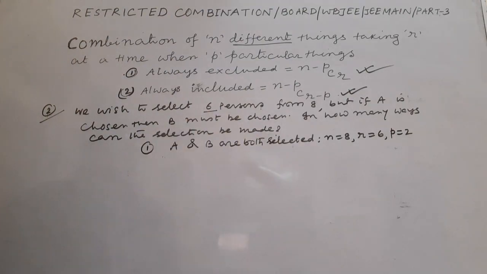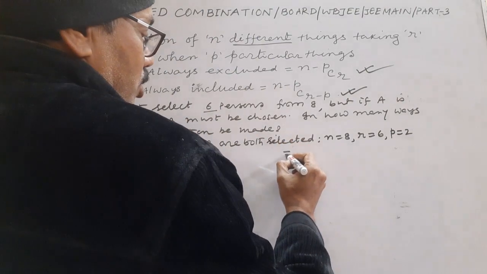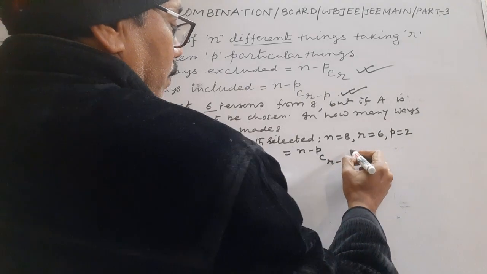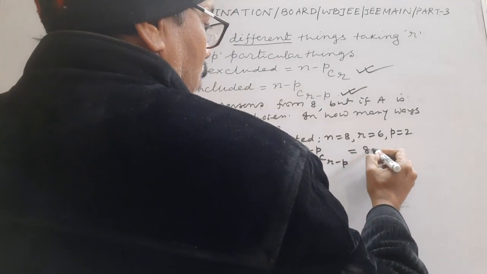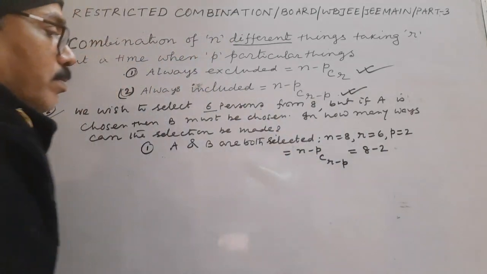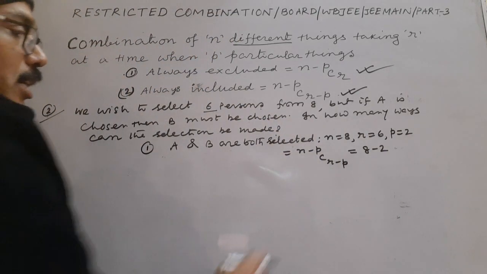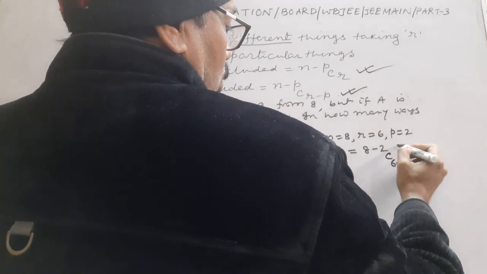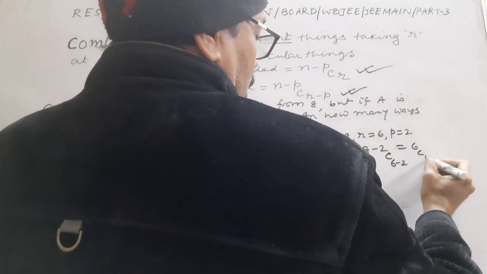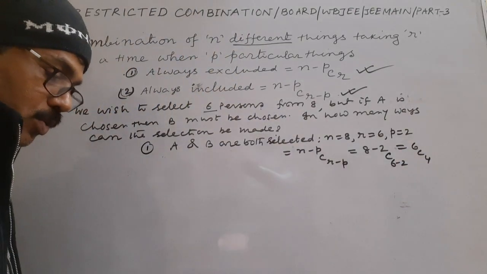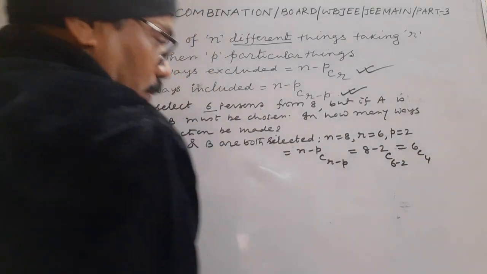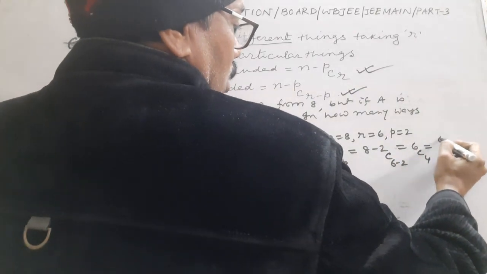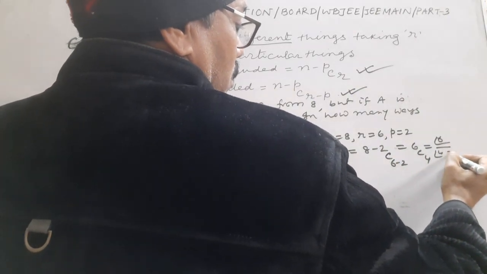So, both are selected. The formula is n minus p C r minus p. So, 8 minus 2 C 6 minus 2. So, 6 C 4. What is 6 C 4? You expand: factorial 6 by factorial 4 factorial 2.